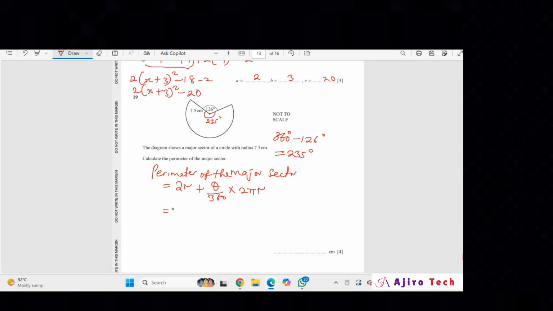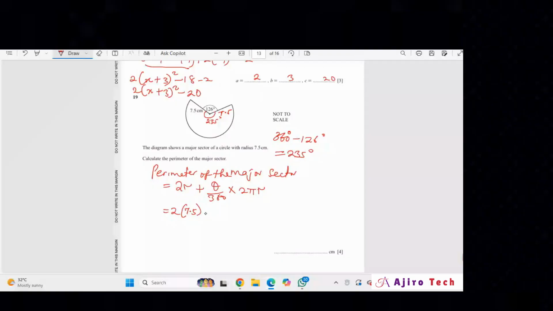So I'm going to get something that is 2 open bracket. What is the r there? The r here, yeah, let's use it directly like this. It's better. The r there is 7.5. Why the 2r? Because there are 2r here now. Here is going to be 7.5 as well.